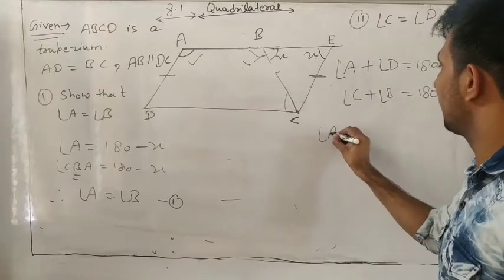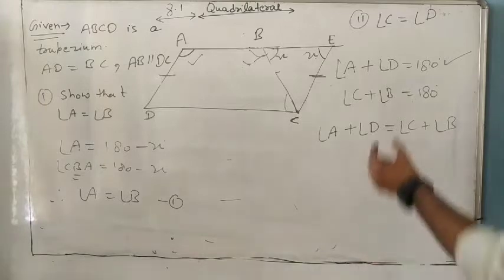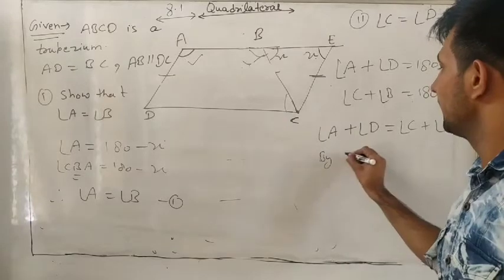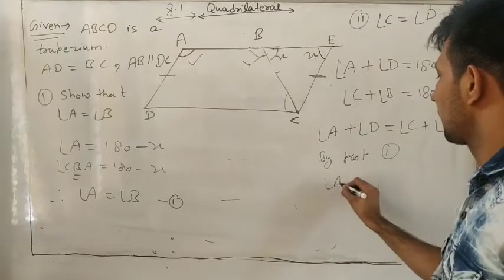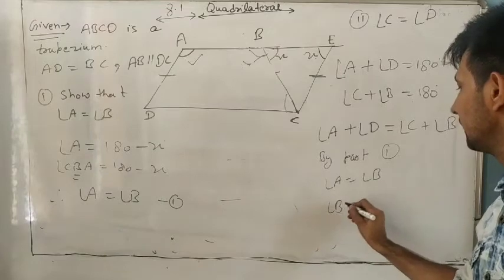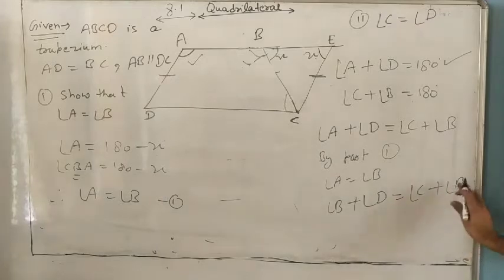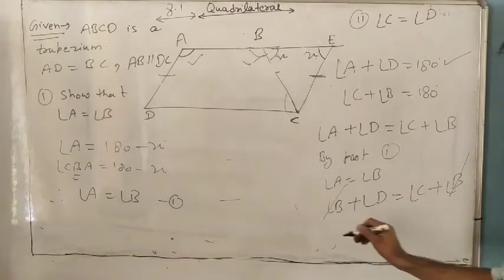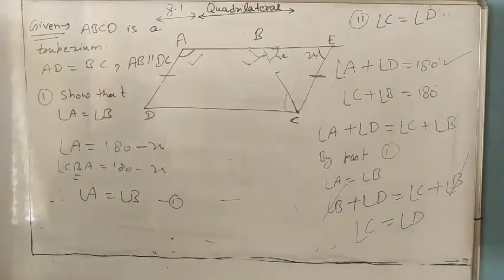So angle A plus D equals angle C plus angle B. By part 1, angle A equals angle B, so in place of A we can put B. So B plus angle D equals angle C plus angle B. B on the other side becomes minus, plus and minus B cancel. Angle C equals angle D. So that is the second part.